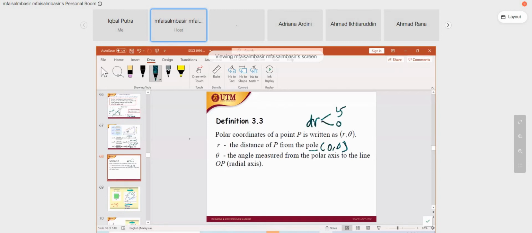Let's say it might be 1 to 5. I will show the differences. The angle measured from the pole axis must be anti-clockwise. But in some cases, they are negative pi over 2 to pi over 2. So I will show this also. This is for the general case.